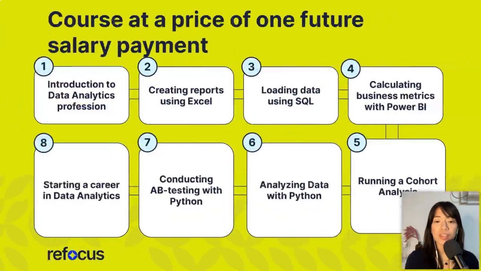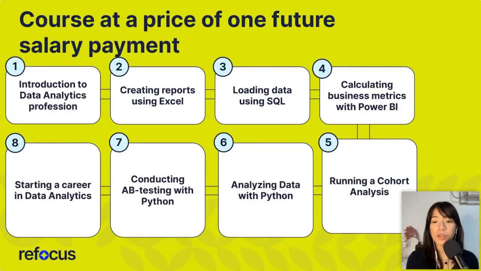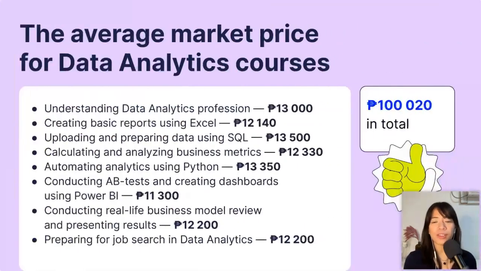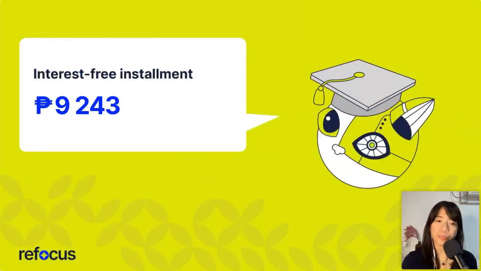So the course is actually less than that. And what's great about that is once you get your new job, you can easily pay off the course right away. Okay, so just to put things into perspective, if you look for courses separately, if you want to learn these different programs separately, you might accumulate a hefty amount of 100,000 pesos. That is huge, guys. It's no joke.